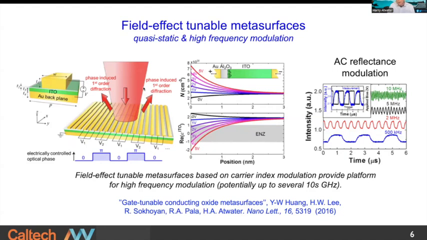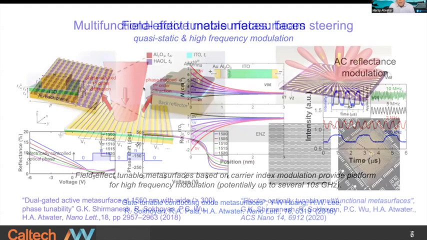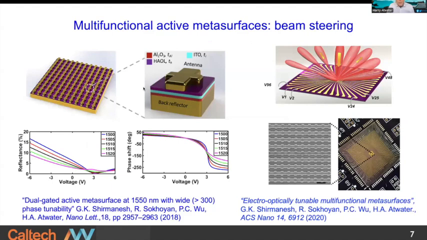And this can be done at relatively high frequencies, up to 50 to 100 megahertz, in principle also going to gigahertz frequencies. And that's been the basis for developing active multifunctional metasurfaces like this device that was reported in 2018 and in 2020 that allowed for active beam steering.